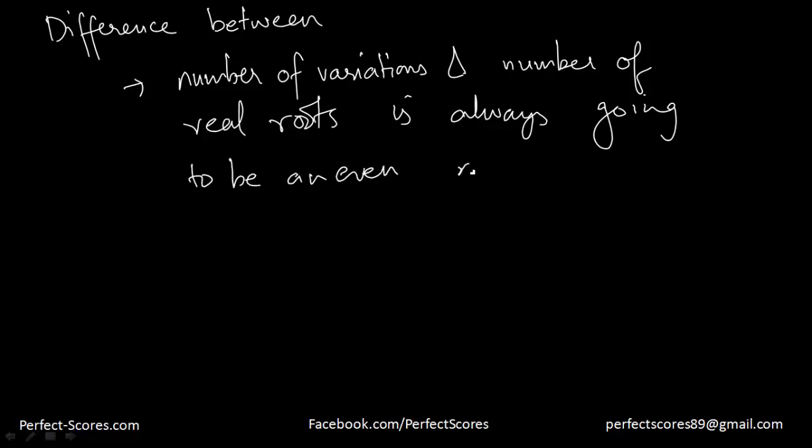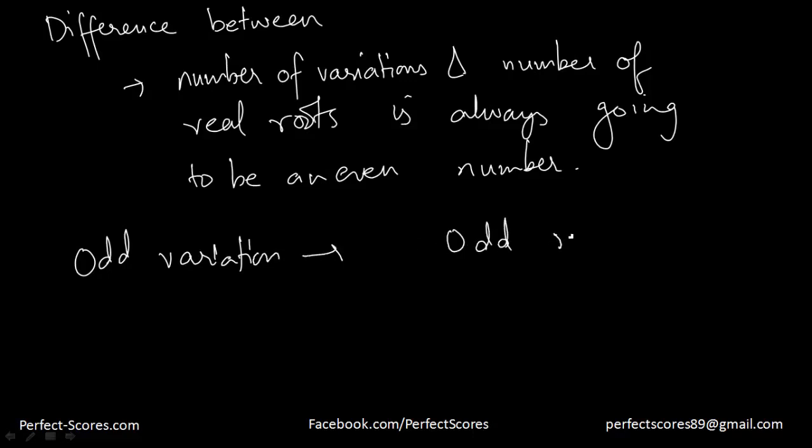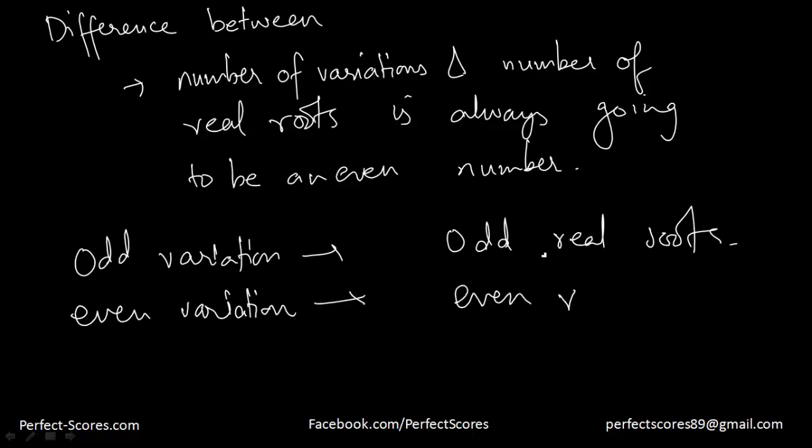Okay. So if you have an odd number of variations, you're going to have an odd number of real roots. If you have an even number of variations, then you're going to have an even number of real roots. Okay, so I hope that's fine as well. That's again another observation that you should be using all the time. So I hope you're getting this point over here, guys. I hope that's clear. Let's move forward to the next one.